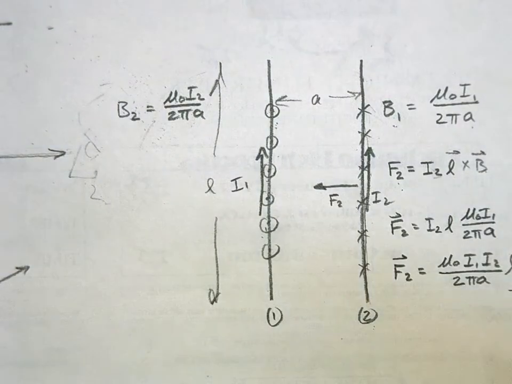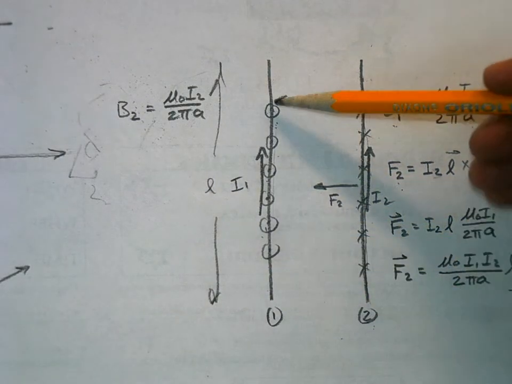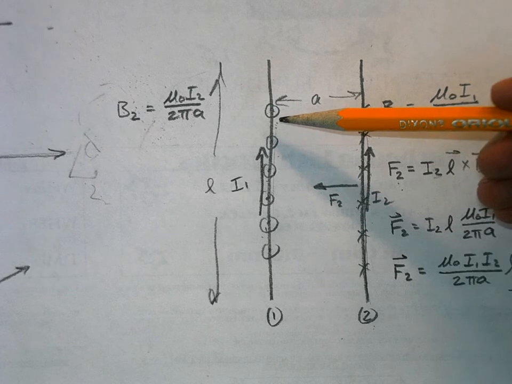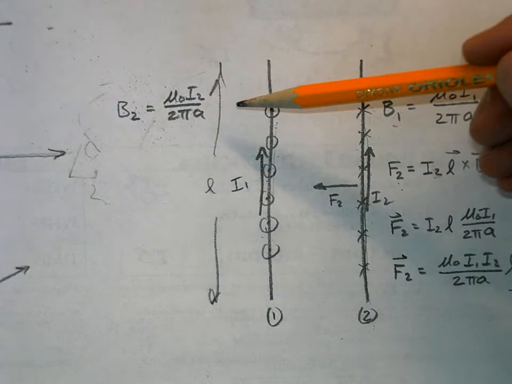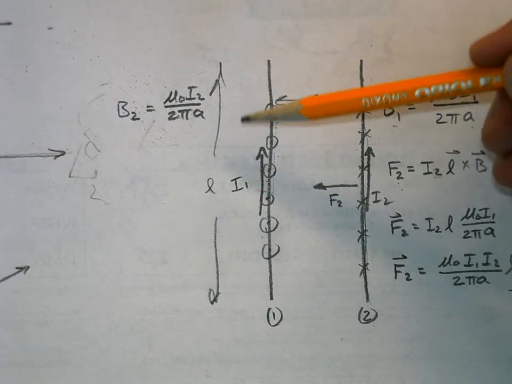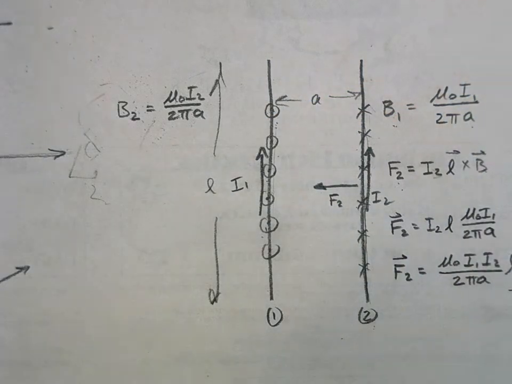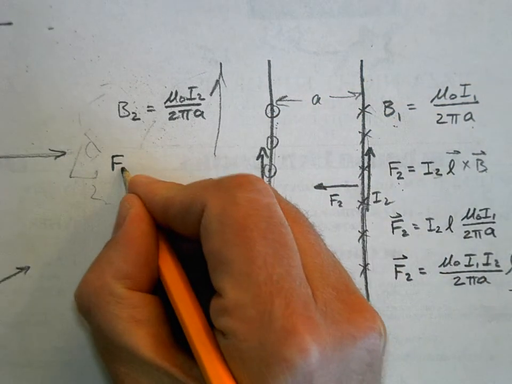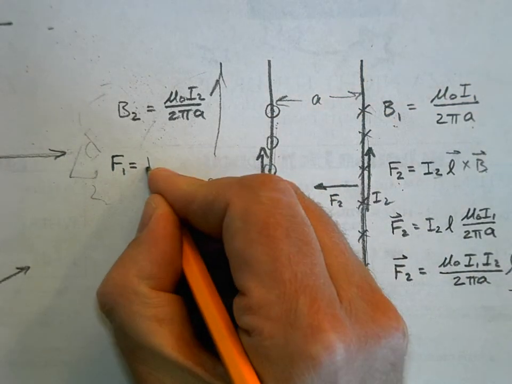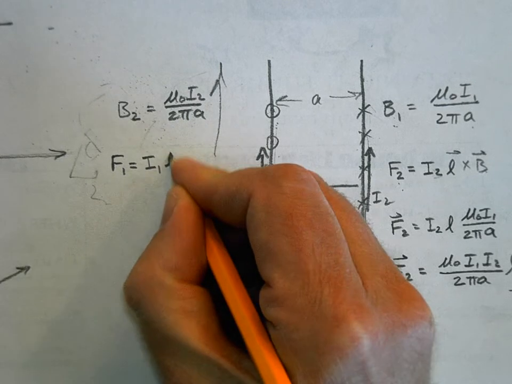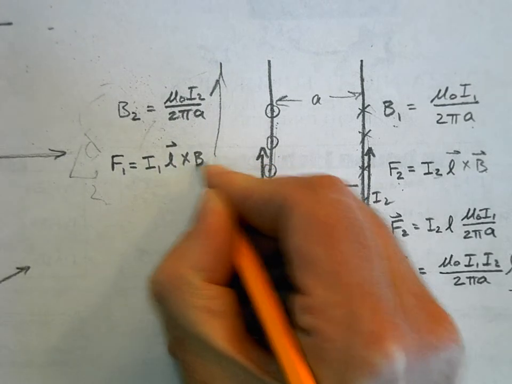So we've got a current now, I1, in the presence of a magnetic field, B2, and therefore we're going to get a force. We're going to call this F1, the force on wire 1, equal to I1 times L cross B2.